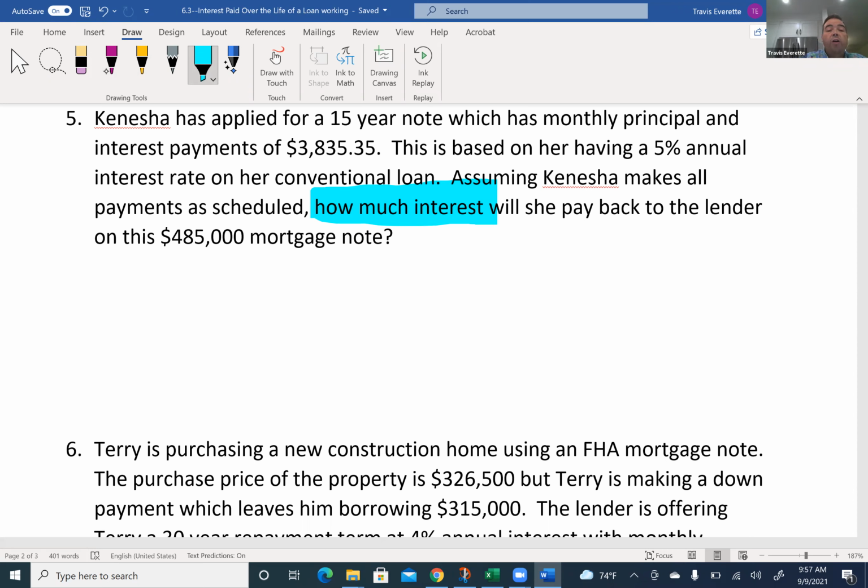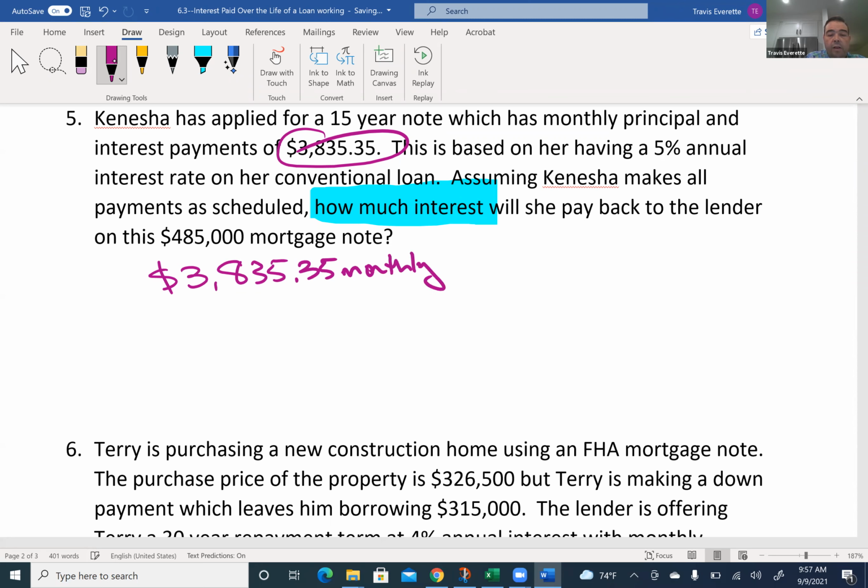So we know our starting point has to be that monthly payment. So we got $3,835.35 monthly. And that's always going to be times 12 months a year. And in this case, they said it's a 15-year note.